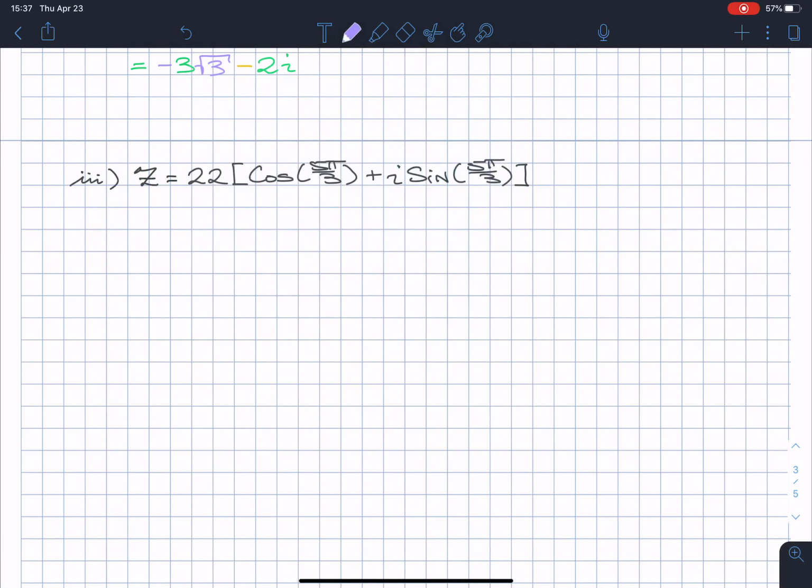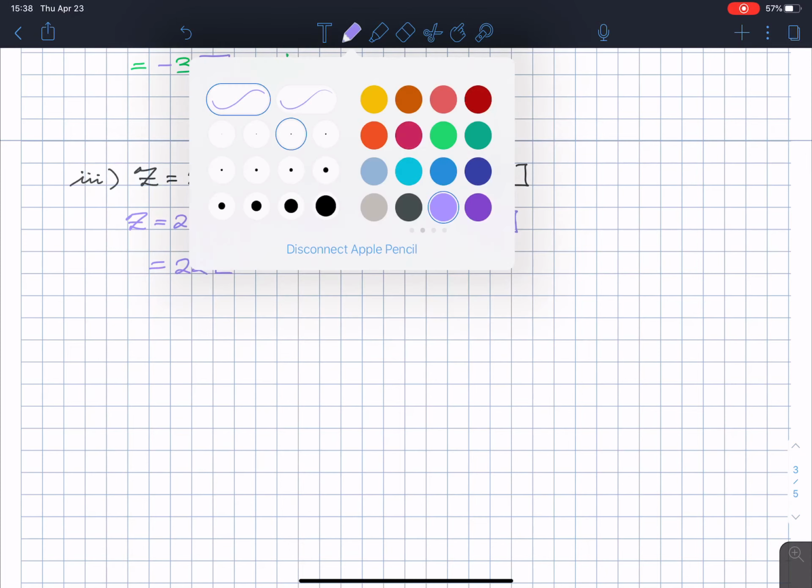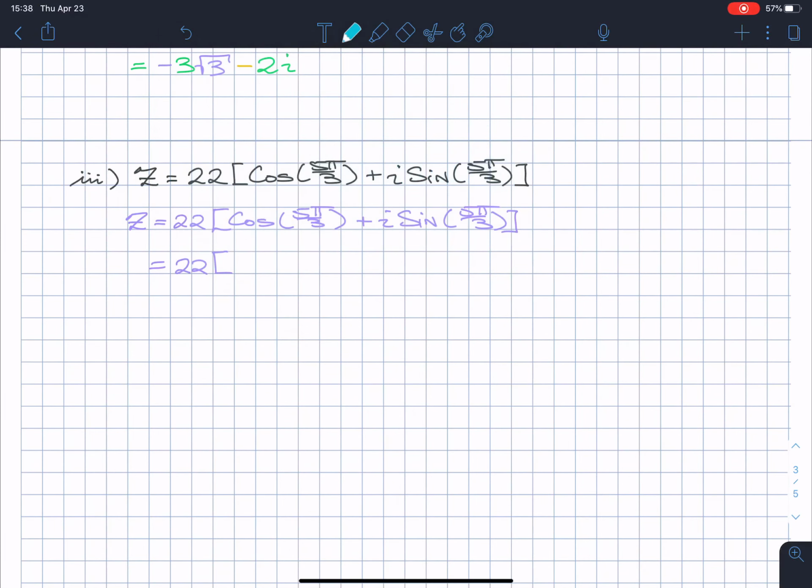Let's use purple. So z is equal to 22 times cosine of the quantity 5 pi over 3 plus I times sine of the quantity 5 pi over 3. Okay, so 5 pi over 3 is the pi over 3 reference angle in quadrant 4.